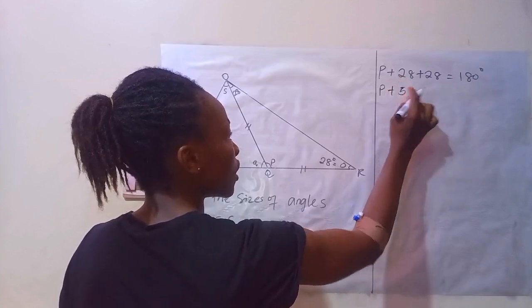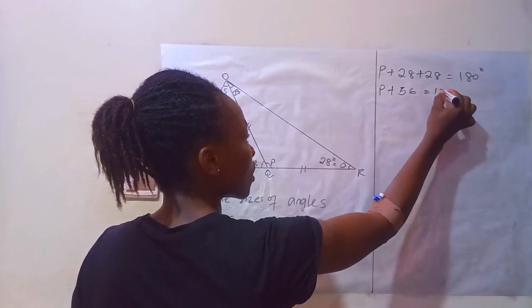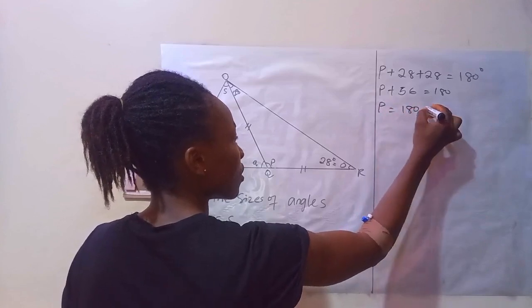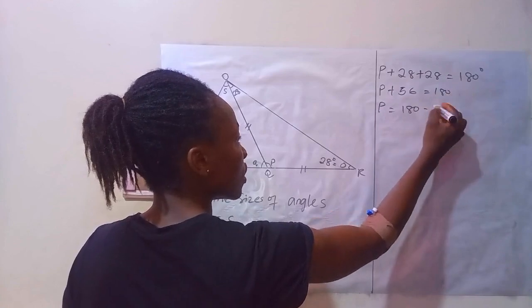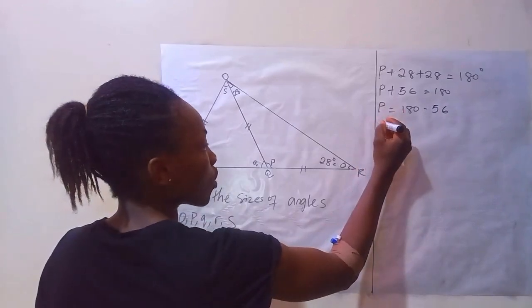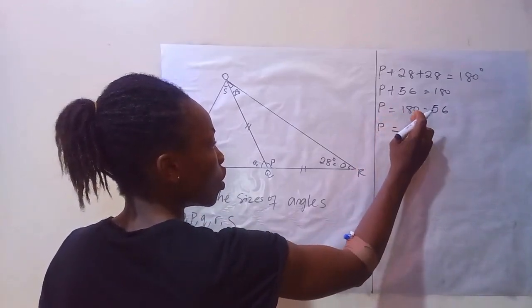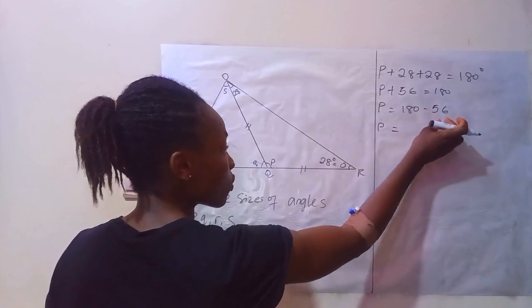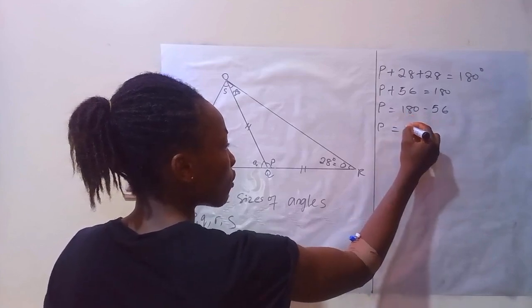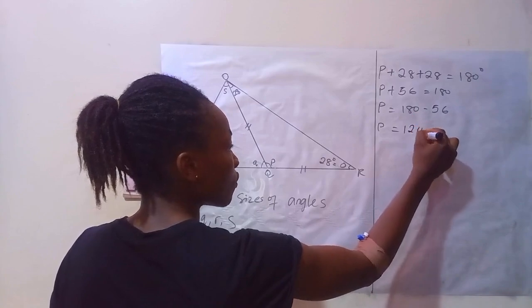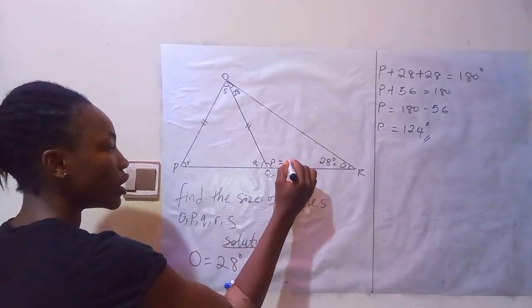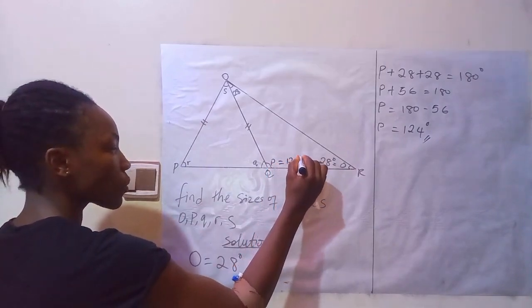So P plus 56 equals 180. So P is equal to 180 minus 56, which comes to 124 degrees. So the value of our P is equal to 124.